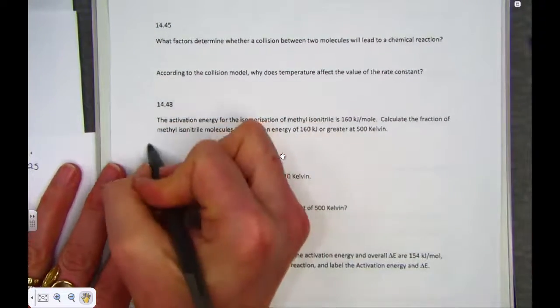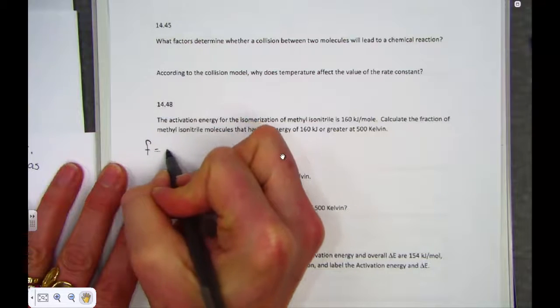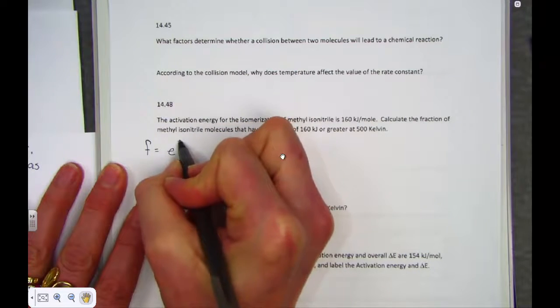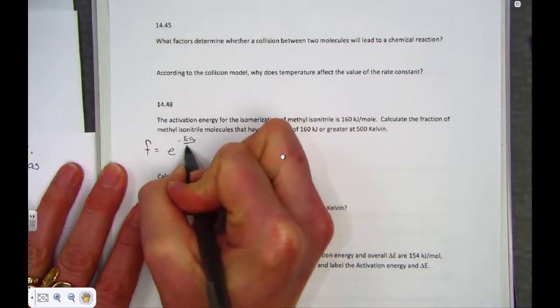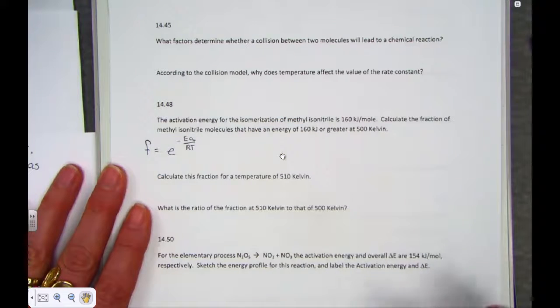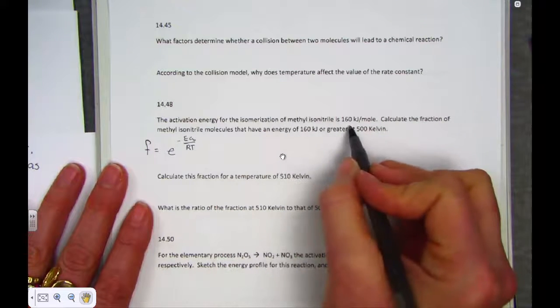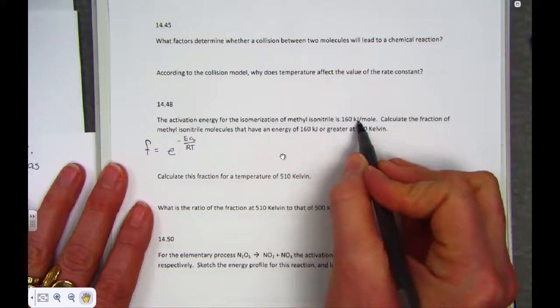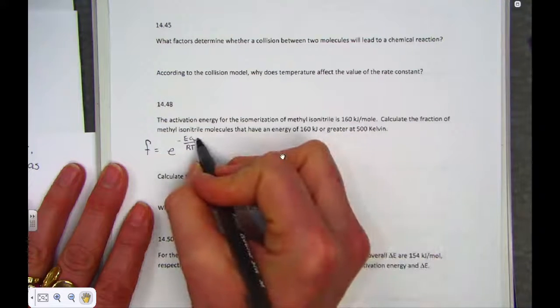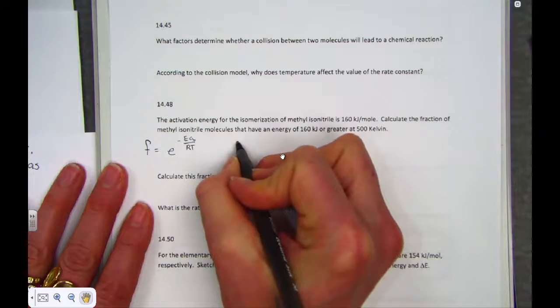I'll write in black so you can see better. So F is equal to e raised to the negative EA over RT. There's our formula for solving for the fraction of molecules. Activation energy was given to us as 160 kJ, but remember, when we hit this, it must be in joules.